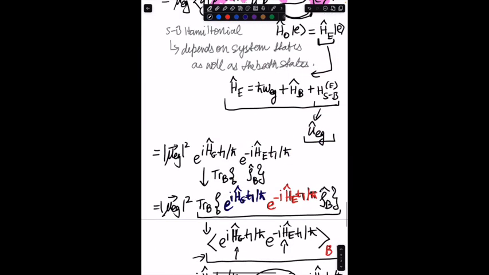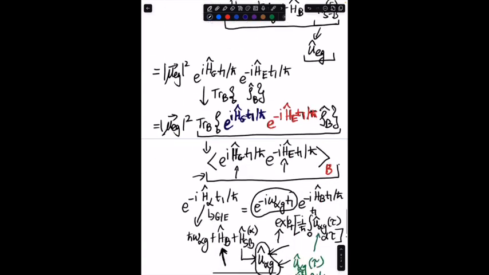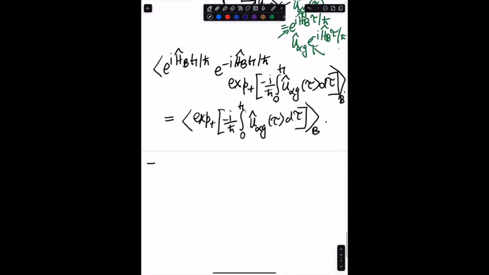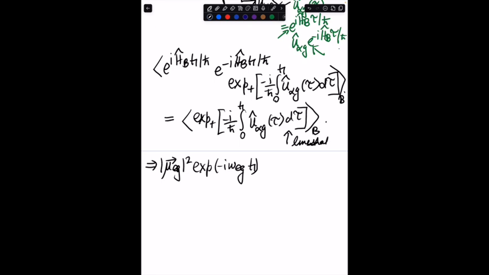So your expression as of now is equal to mu_eg squared, exponential of minus i omega_eg t1, times this, and this is known as your line shape function, or also known as your dephasing function.